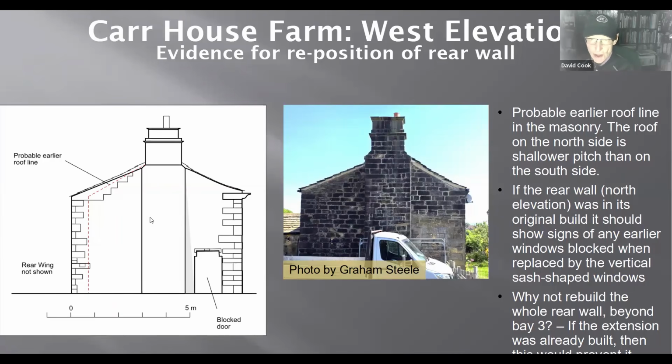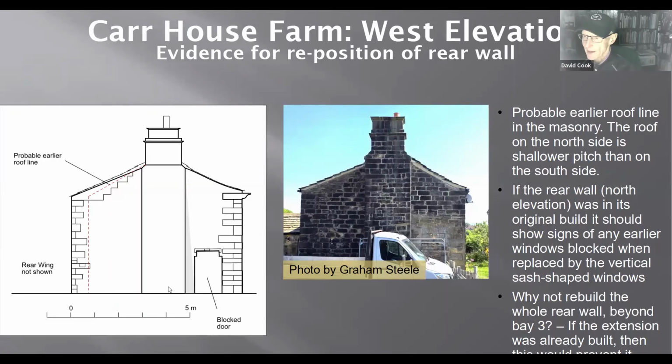So this drawing hopefully shows that the dotted red line is the probable earlier roof line and the line of the original rear wall of the building, which has been rebuilt, probably reusing the same stone.